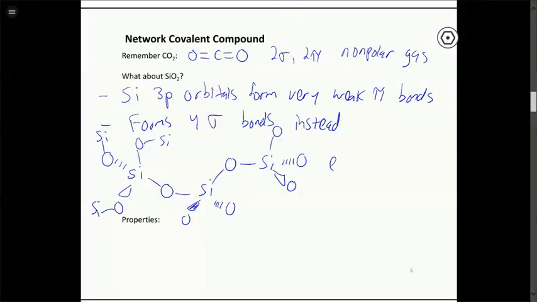All right, so it's a network covalent compound where instead of like diamond, where we have just one type of atom, or silicon by itself, which is just silicon forming a network structure, here we have silicon and oxygen forming covalent bonds and forming a network type structure. All right, so these SiO4 2- tetrahedra extend forever, but in net it's a neutral compound because each one is bridged to another silicon atom.